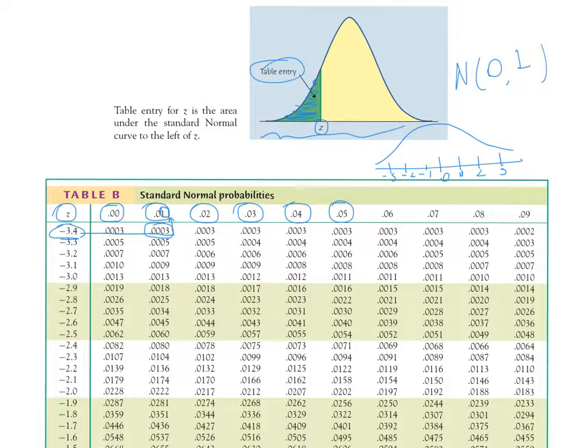Suppose I want to find the area to the left of -2.85. So we look at the z value, and we're trying to find the area to the left of -2.85. Under z, look down the column and stop at -2.8.